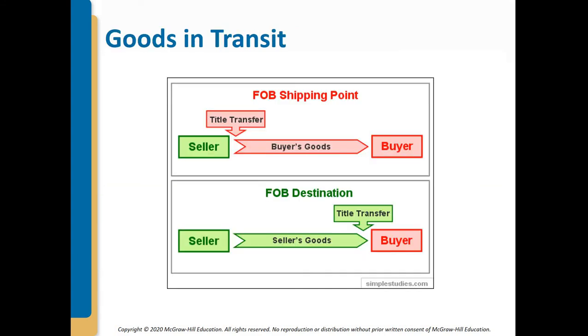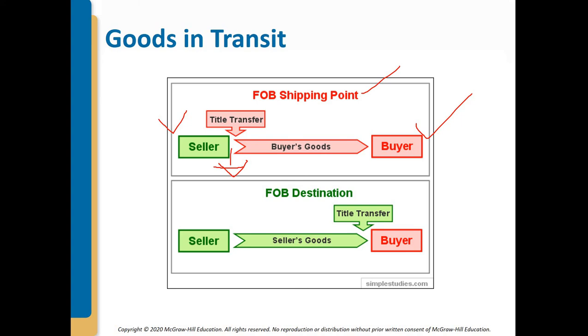As you can see here, free on board shipping point is the term. On this term, here is the seller and here is the buyer. The ownership, meaning the title, is transferred at this point, as soon as the ship leaves the seller's dock, so the ownership goes to the buyer.